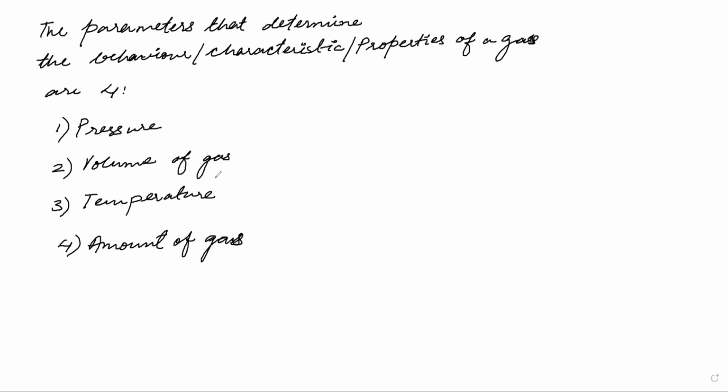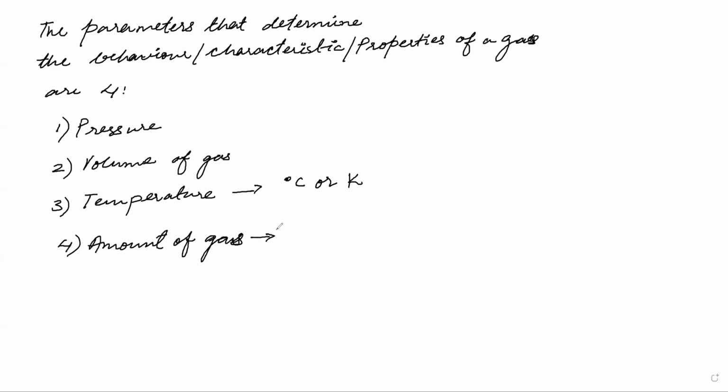So first of all, we will look at the units for pressure, for volume, for temperature, and for amount of gas. I will deal with them in detail. For temperature, you know the units. We generally use degree Celsius, or Kelvin, and sometimes Fahrenheit, but we have not seen Fahrenheit so much.